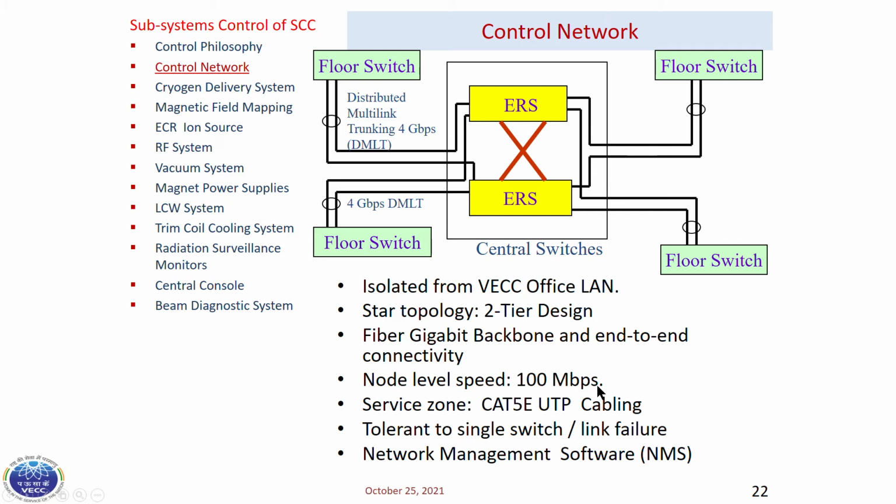Its node level speed is 100 Mbps. It can tolerate a single switch or single link failure. It has network management software that helps to monitor the performance, and it provides a report on the uptime of the network.